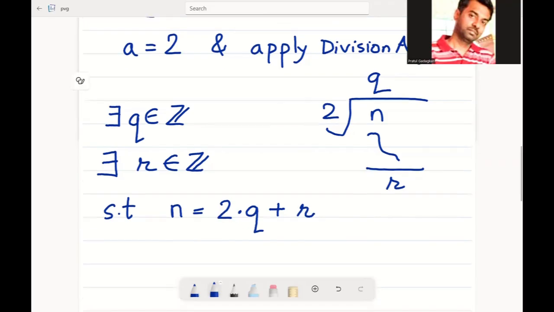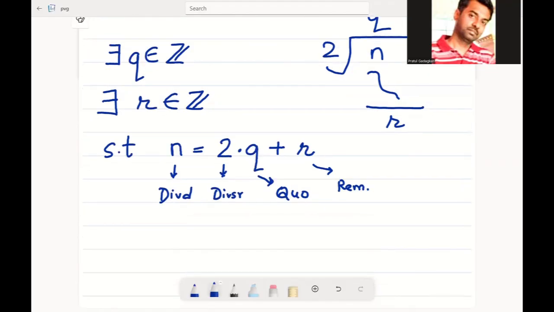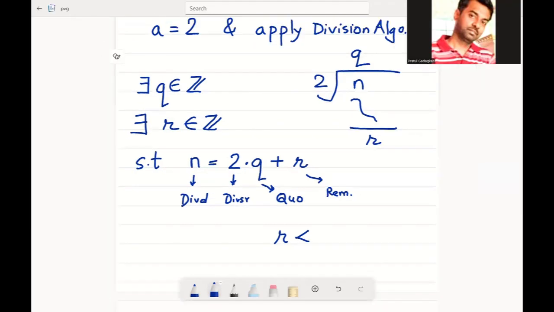So this is the dividend, this is the divisor, this is the quotient, and this is the remainder. And we know something about remainder. The remainder should always be less than the divisor. So the remainder here is less than 2. This is the divisor. Remainder should be less than the divisor, and it is greater than or equal to 0. And remember that remainder is an integer.